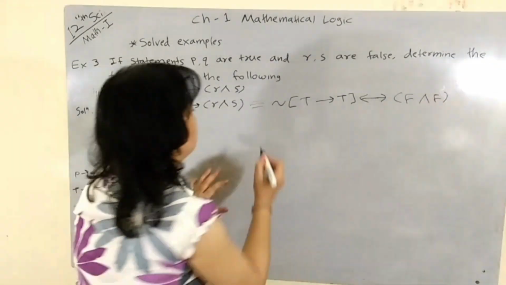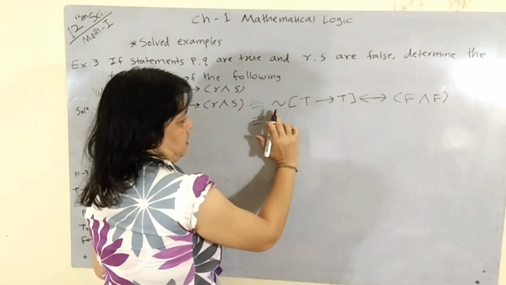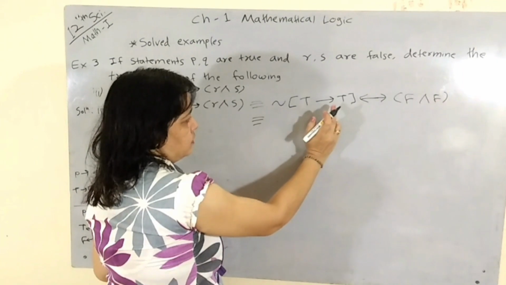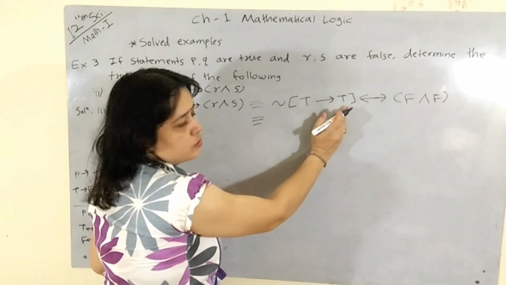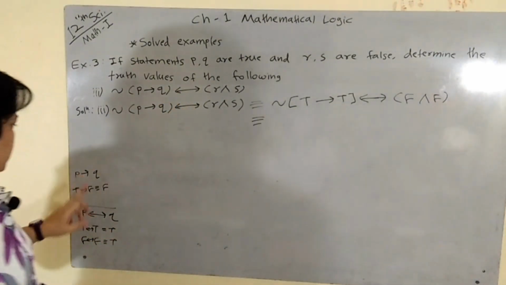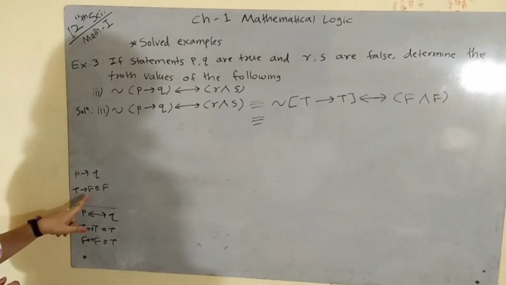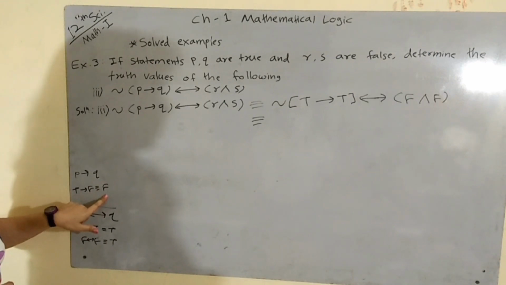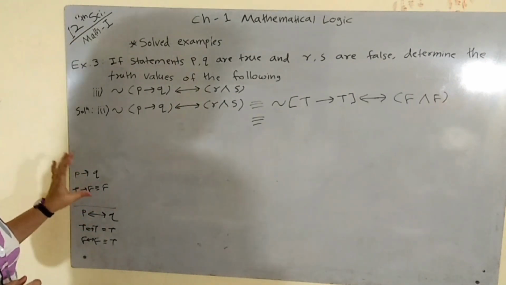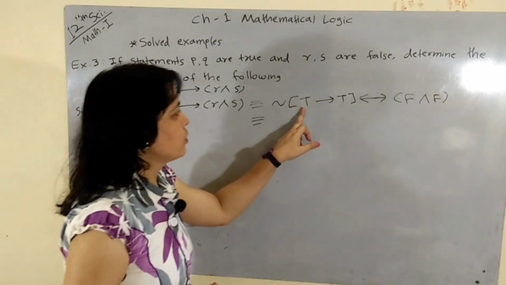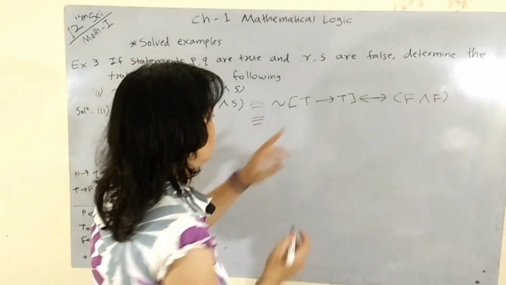So this is equal to negation of truth implies truth. We know that if P and Q have value truth and false, then it is false. In other cases, it is true. So, for true implies true, it is true.